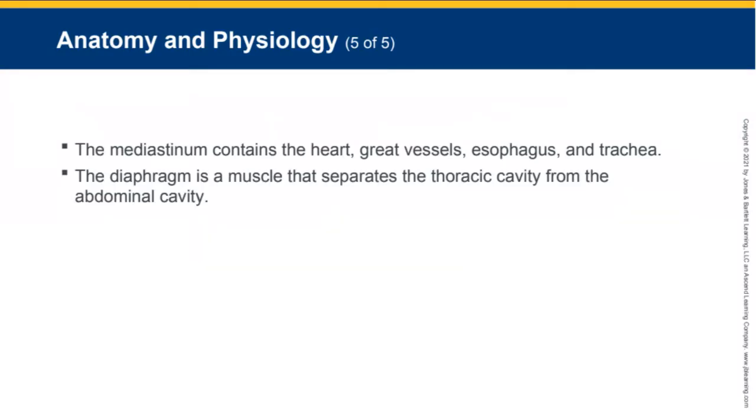The diaphragm is a muscle that separates the thoracic cavity from the abdominal cavity. When we exhale lying down, the diaphragm can come as high as the nipple line. So if you suspect injuries to a patient's abdomen, suspect injuries to their chest. And if you suspect injuries to the chest, suspect injuries to the abdomen.